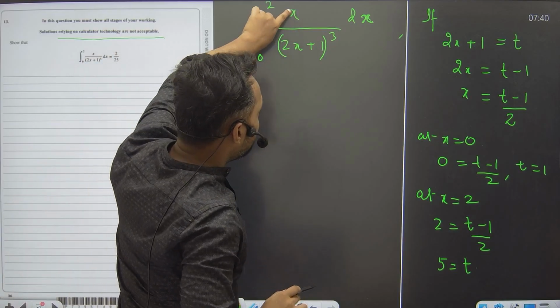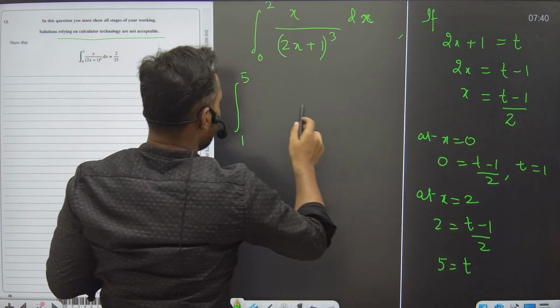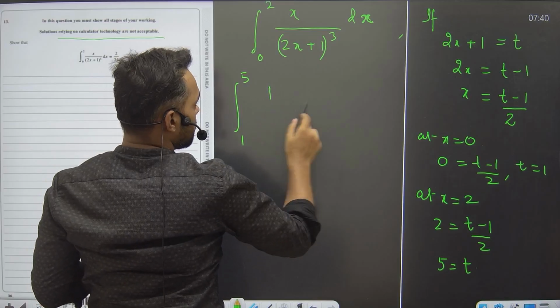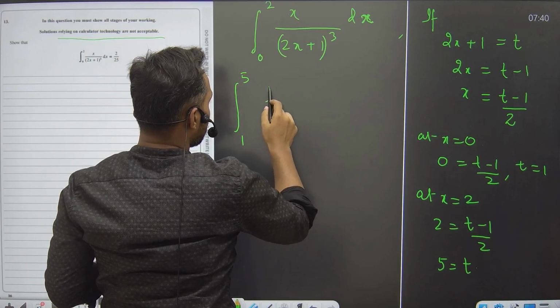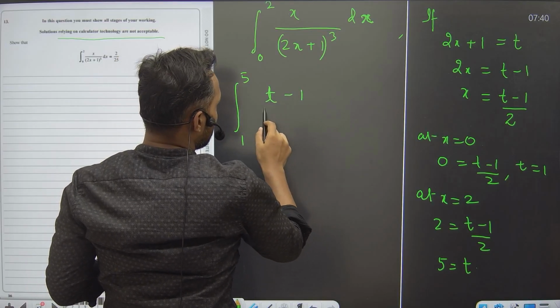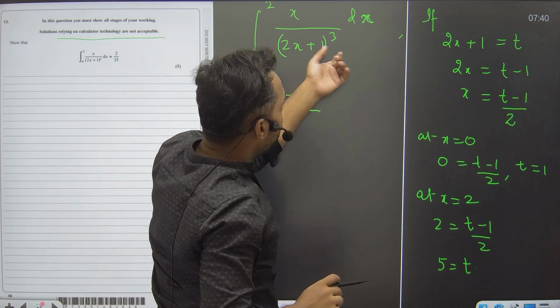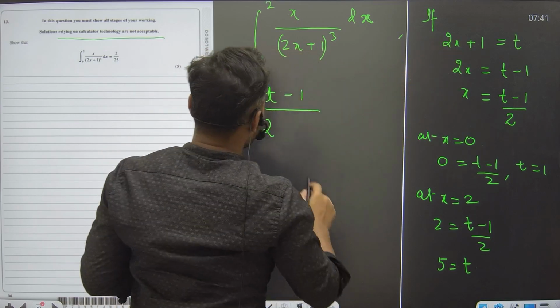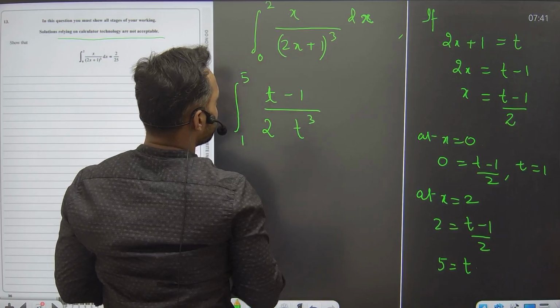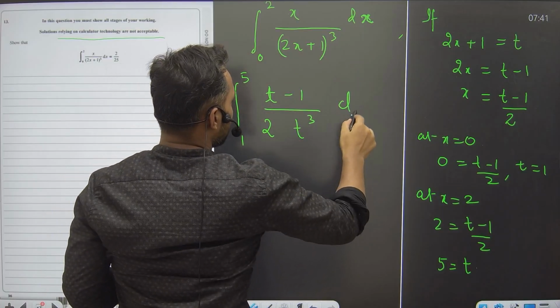Now in place of x, what do we need to plug in? We need to plug in (t minus 1) upon 2, and 2x plus 1 we have taken as t, so it will be t cube, and dx will be dt.